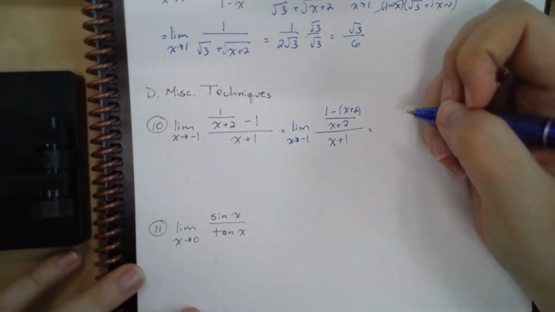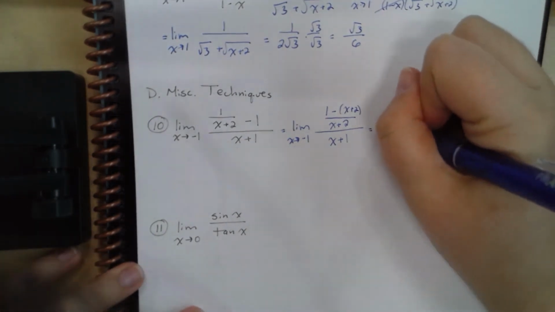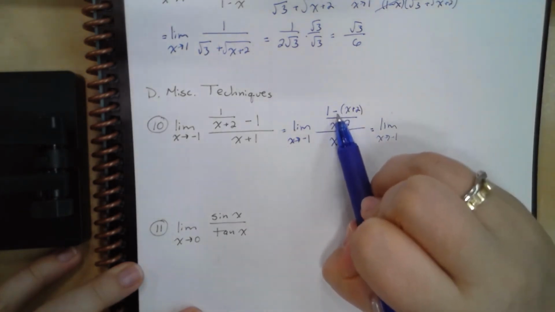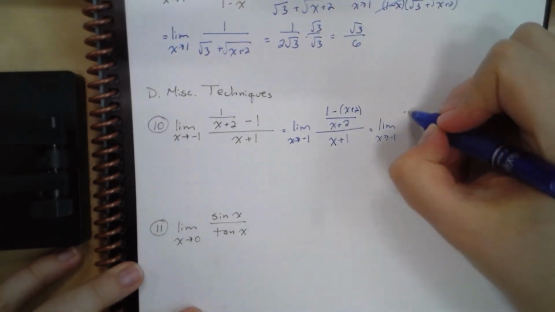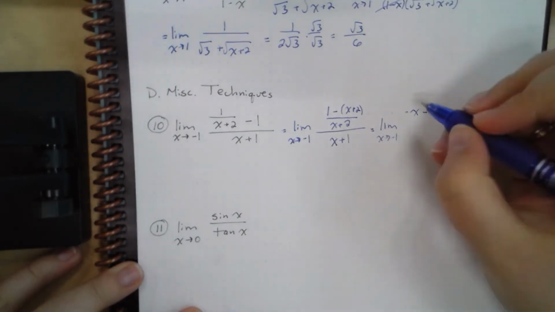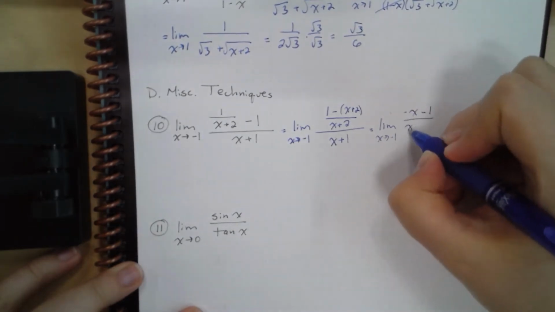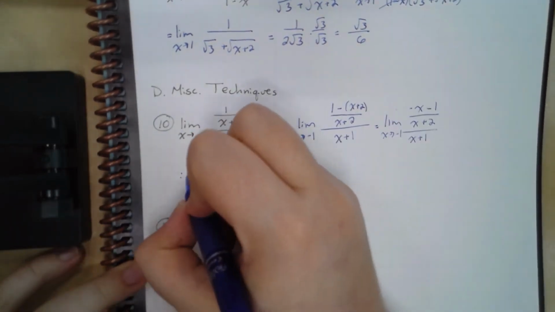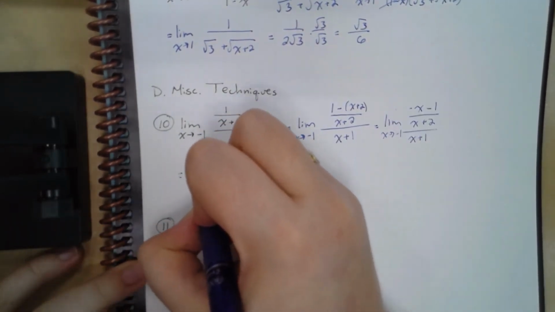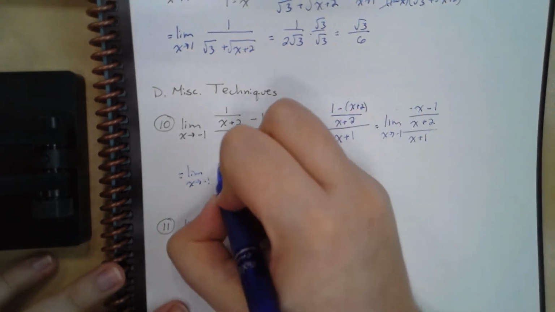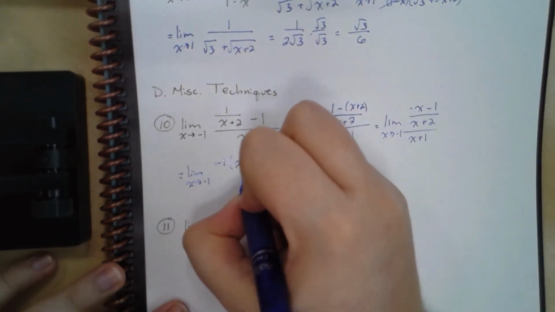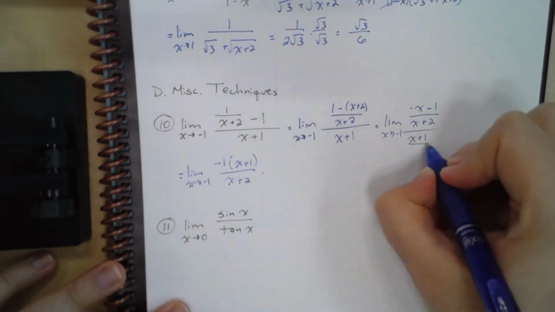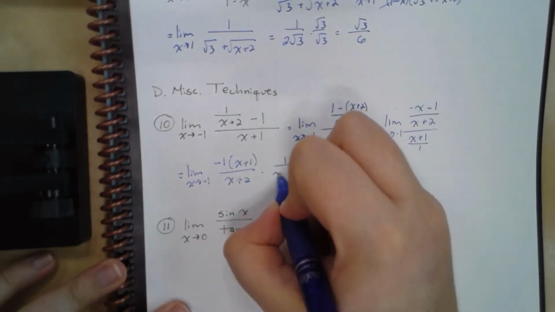So that's going to be the limit as x approaches -1 of, looks like we're going to have 1, so negative x minus 1 over x plus 2 over x plus 1, which is the limit, and I think you can kind of see where this is going, of -1 times x plus 1 over x plus 2 times, divided by 1 there, 1 over x plus 1.